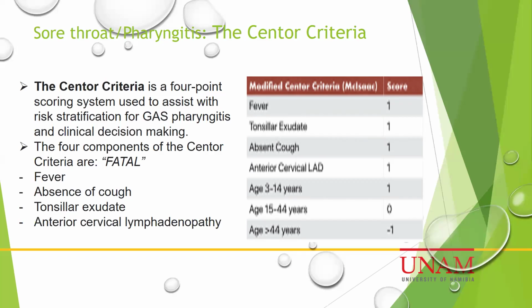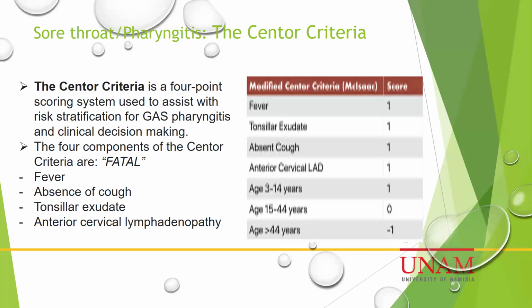All right. There's absence of cough, unlike when you have other causes of pneumonia and all that. So there's absence of cough. Then we have tonsillar exudate and anterior cervical lymphadenopathy. These 4 components are scored 1 each. The modified criteria includes age.